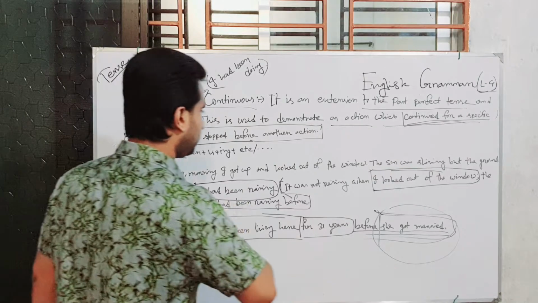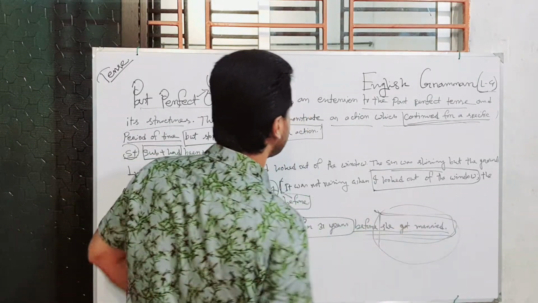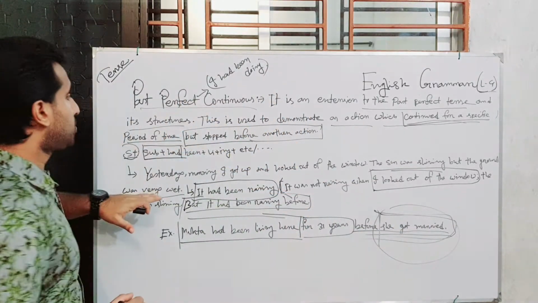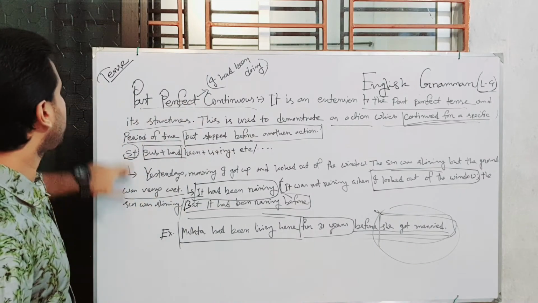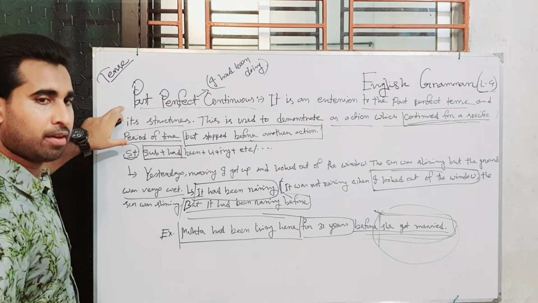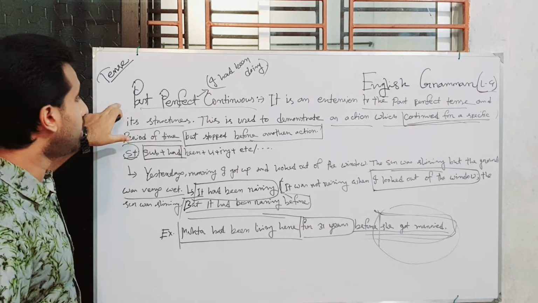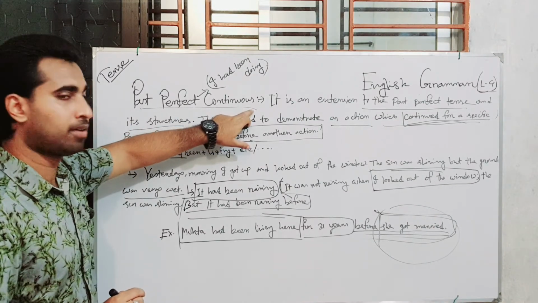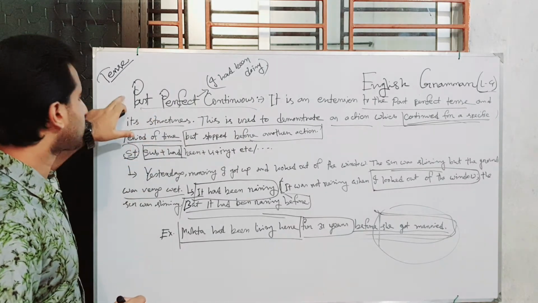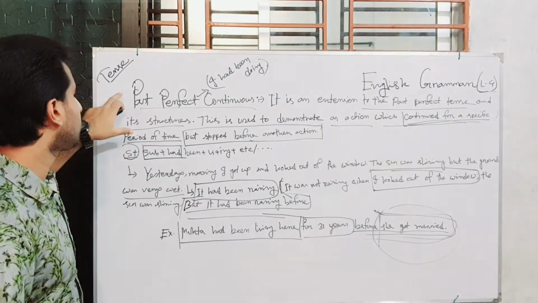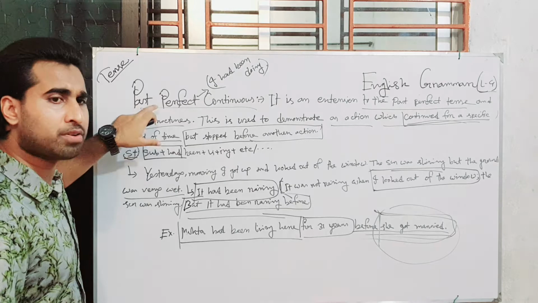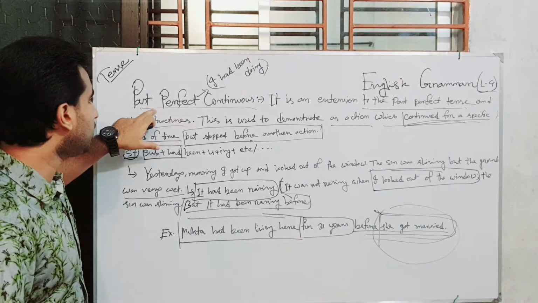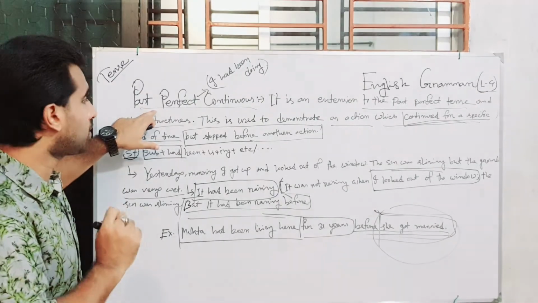My dear students, if you follow this definition and read it carefully and try to understand it, then you can make such kind of sentence. Past perfect continuous tense isn't so difficult. It's too easy if you just try to understand it.